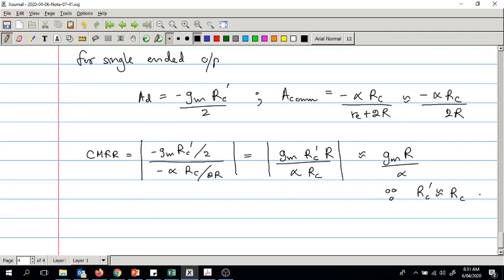So usually common mode rejection ratio is given in decibels. You can see this figure in op amps, right?